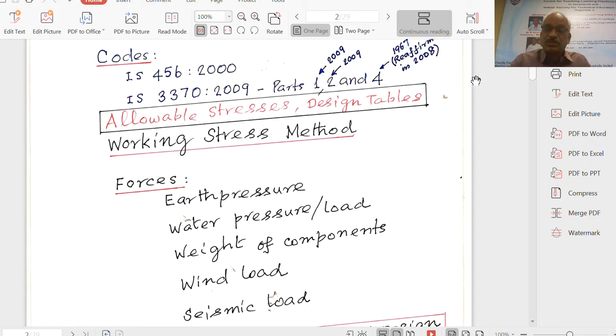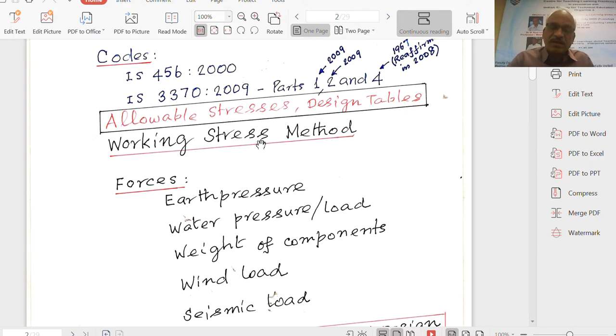That we'll discuss. So that is discussed in part 4. And part 3 is for pre-stressed concrete water tanks. So we will be concentrating on parts 1, 2 and 4 for RCC water tanks. So that's about that. The allowable stresses are given, and also the design tables are available as discussed.